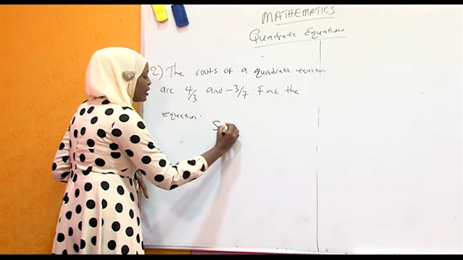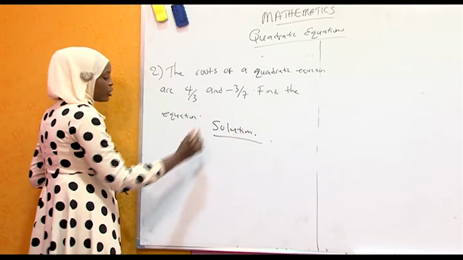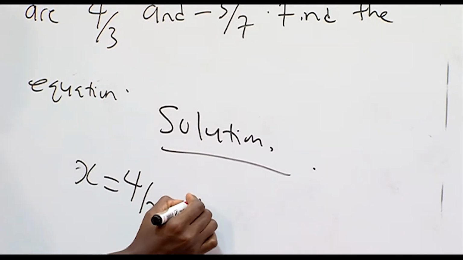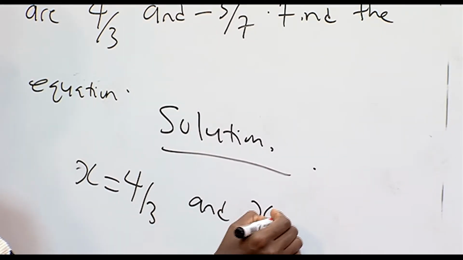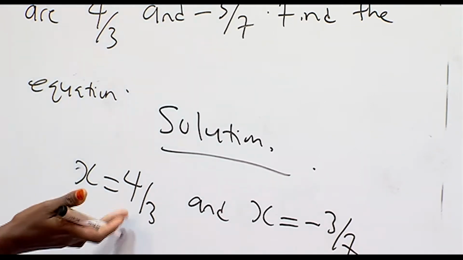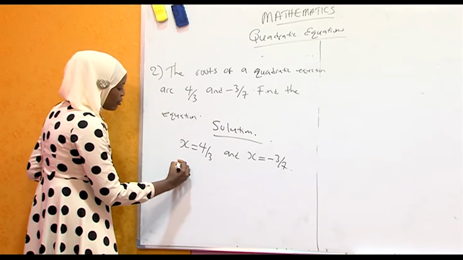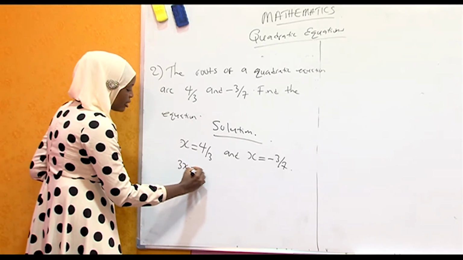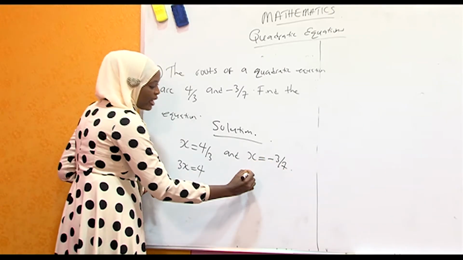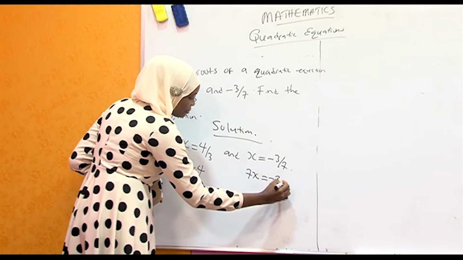So looking at that solution, if these are the roots of the equation, it means x equals 4/3 and x equals minus 3/7. From the first value, if you cross multiply, we have 3x equals 4. Cross multiplying here also, we have 7x equals minus 3.